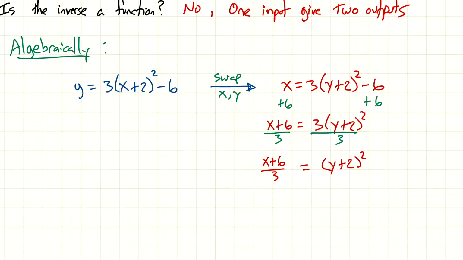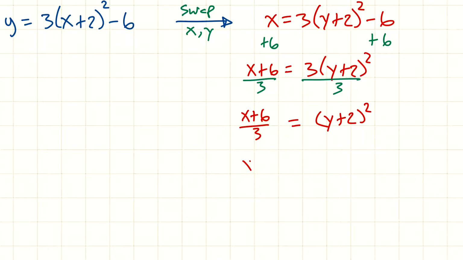All right, so now we can't get rid of the plus 2 yet. We have an exponent of 2. What's the opposite of squaring? If you remember this, that means we're going to square root both sides.